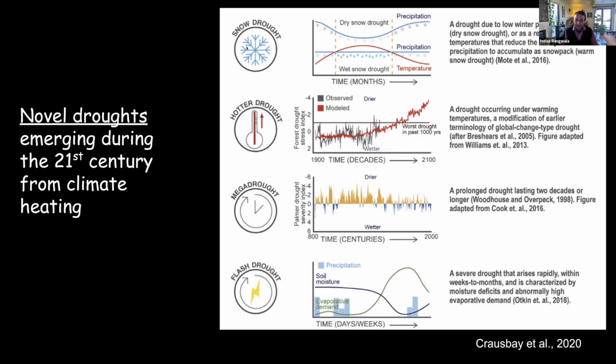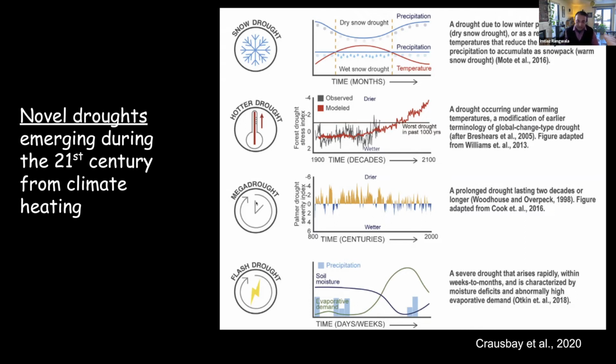First is snow drought, where you're seeing less snow on the ground, or a shorter snow season. Even though you're getting the same amount of precipitation, maybe even increasing, much of it's falling as rain because of warmer temperatures. The second kind of drought that we are probably experiencing already, and expect to occur more in future, is hotter droughts. It's a direct consequence of a warmer and drier atmosphere that these droughts are now hotter.